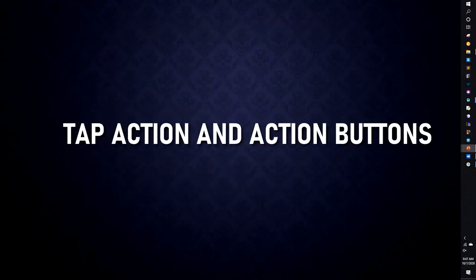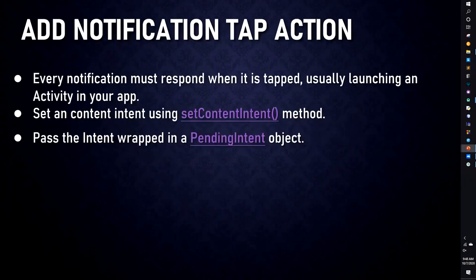Okay, so to implement the tap action and action button for your notification, so that when the user clicks that specific notification, you use an intent here. Every notification must respond, right? When the user taps that notification, usually we launch an activity in our app.